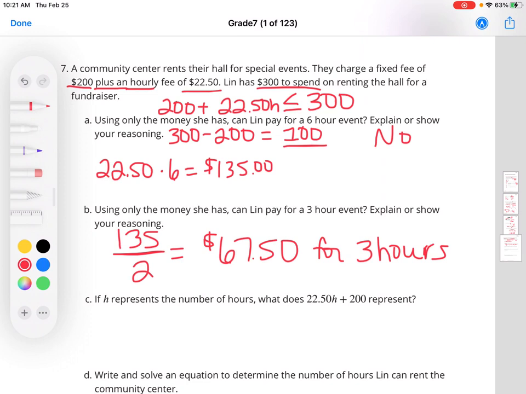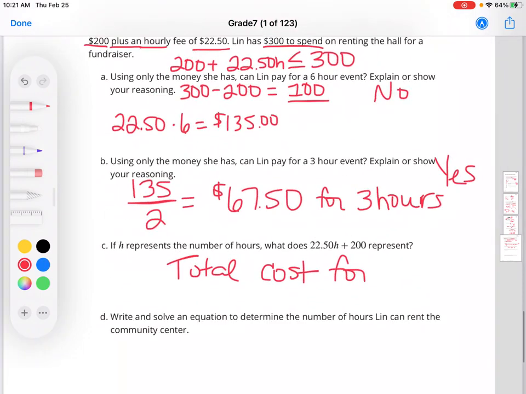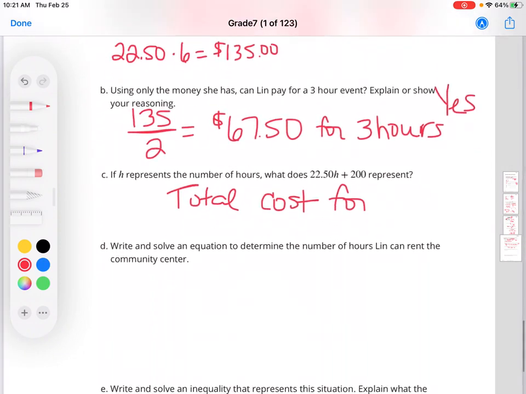And Lynn has $100 left to spend after she pays the $200 fee. So yes, she would have enough money to pay for 3 hours. So it says if H represents the number of hours, what does 22.50 times H plus 200 represent? So we know that represents the total cost for renting the hall.